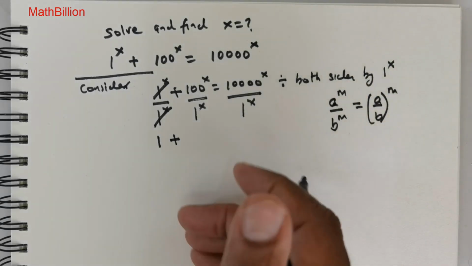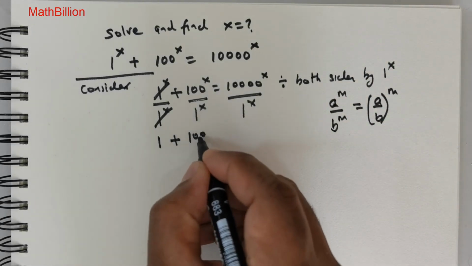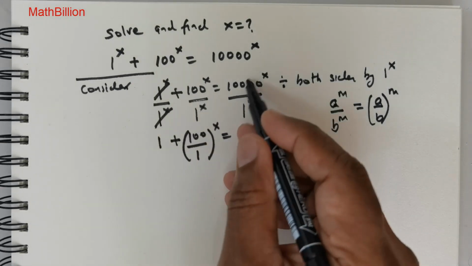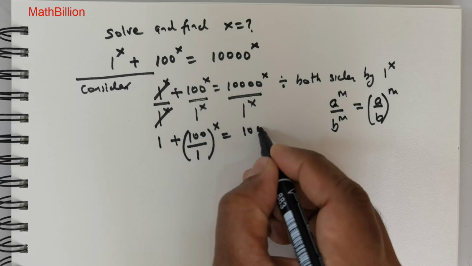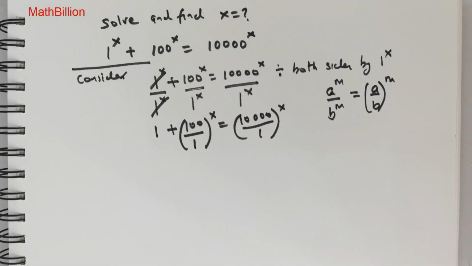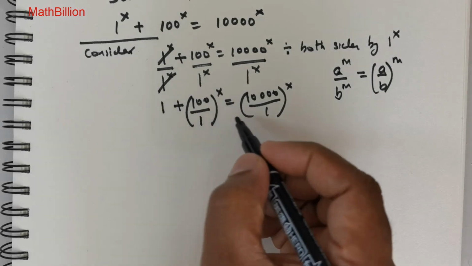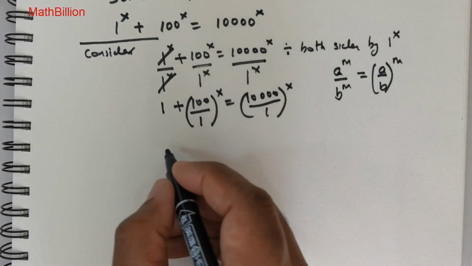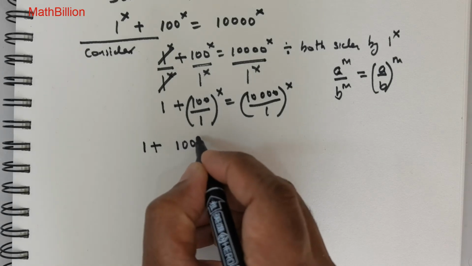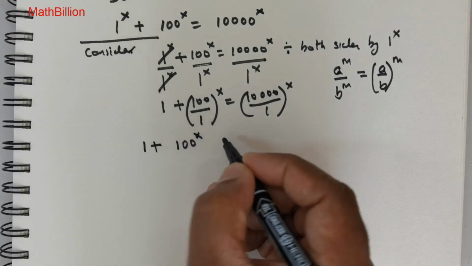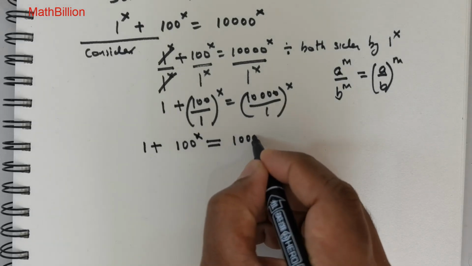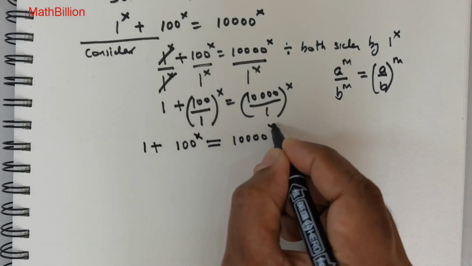So by this property I can rewrite this as (100/1)^x, which is equal to, by the same property, (10,000/1)^x. Now 100 divided by 1 is going to be 100. So this is going to be 1 + 100^x = 10,000^x.